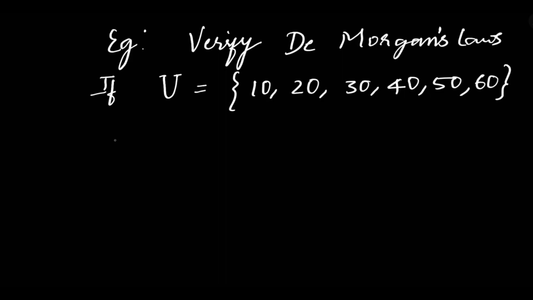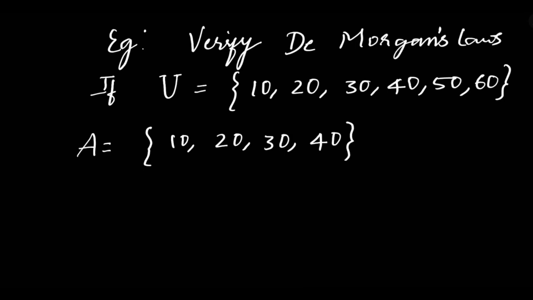You have a set A which contains 10, 20, 30 and 40. You have a set B which has the elements 20, 40 and 60.